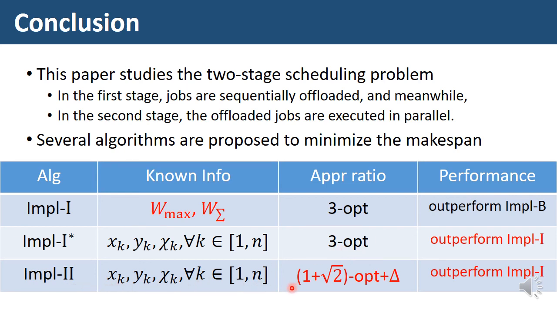Algorithm 2 has a better approximation ratio, which is 1 plus the square root of 2. And both implementation 1 star and implementation 2 can outperform implementation 1.